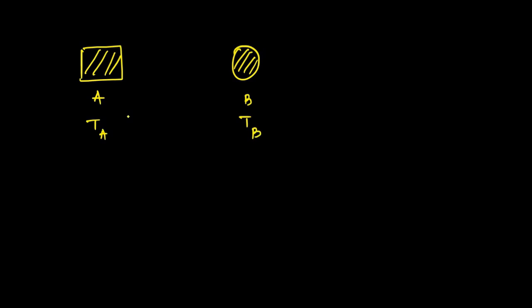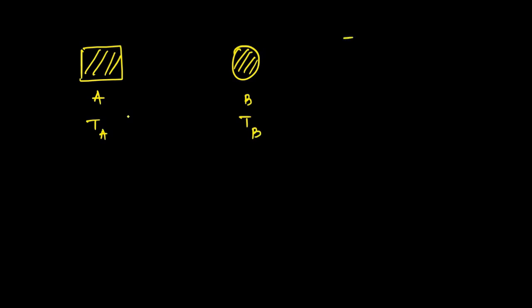Okay, so here, temperature, if you remember, let me again just lay it down for you. So let us say we have two objects. This is one object, and let's say this is another object. Let's say this is object A, this is object B. A has a temperature of TA and B has a temperature of TB.